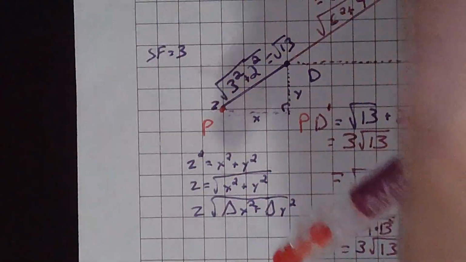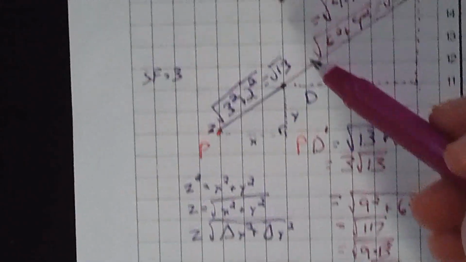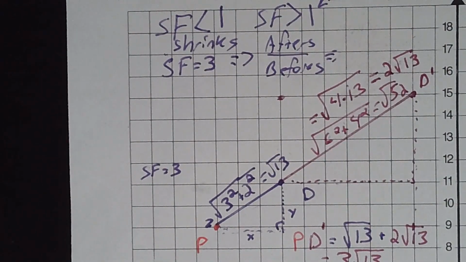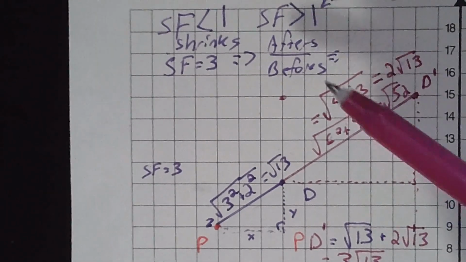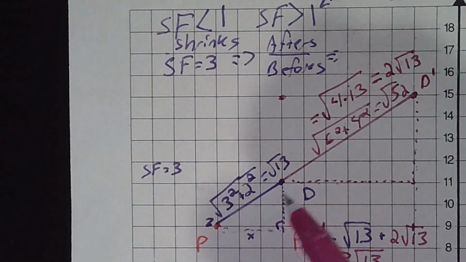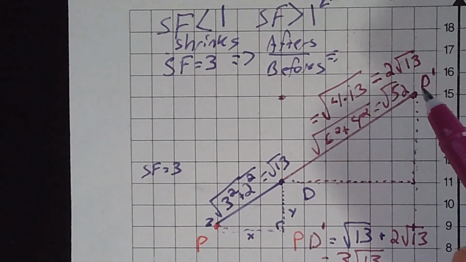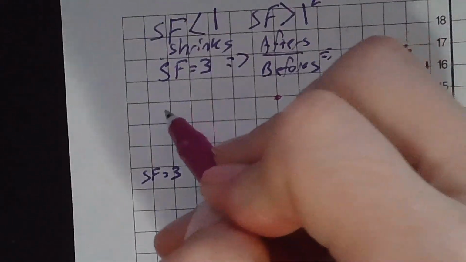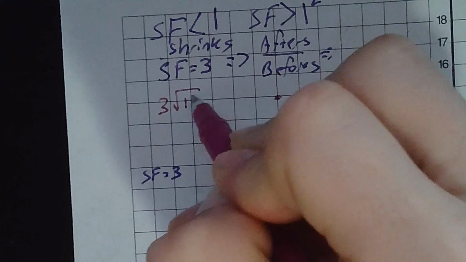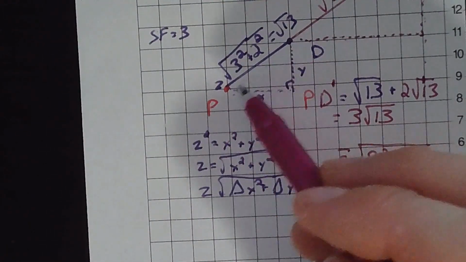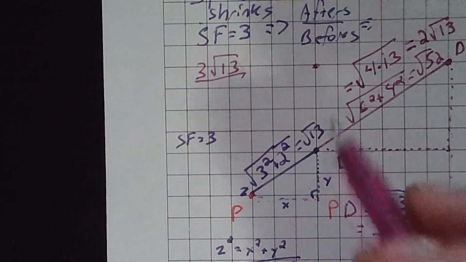So if I go back to my scale factor equation, I see my distance from P after is 3 square root of 13, and my distance before is square root of 13.